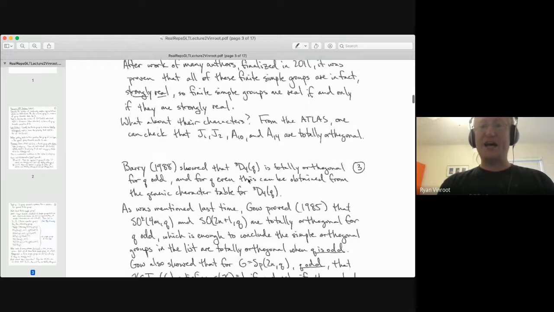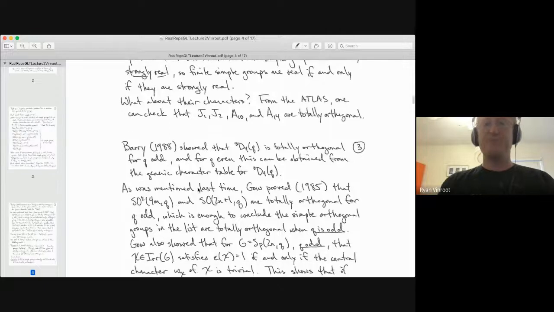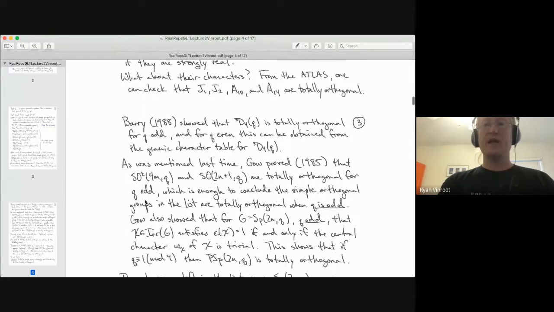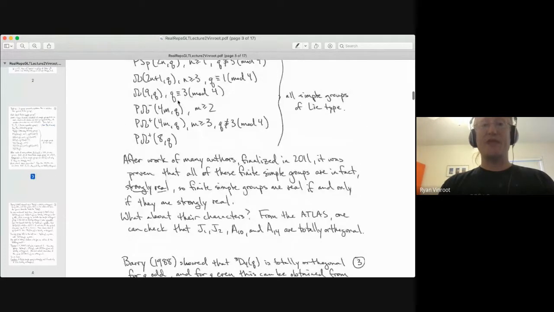And when Q is odd, I mentioned last time that in the 1985 paper of Gao, he proved that special orthogonal groups, when Q is odd, that's very important, with dimension either odd or divisible by 4, are all totally orthogonal. These facts alone are enough to conclude that all of these, when Q is odd, are totally orthogonal.